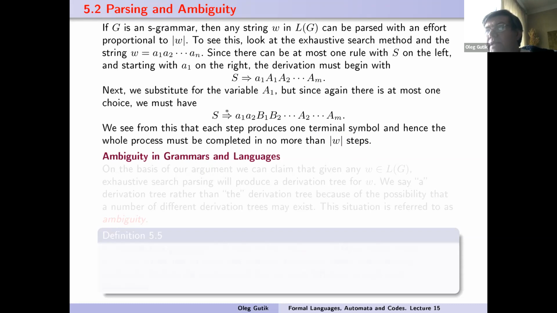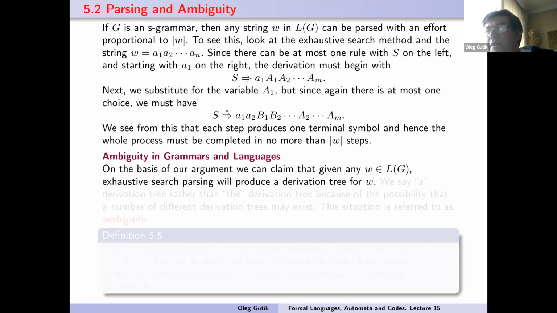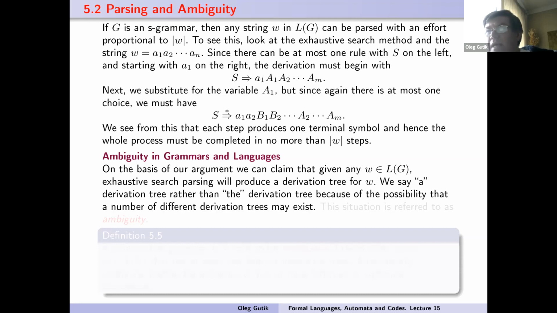Ambiguity in grammars and languages. On the basis of our argument, we can claim that given any word W of the language generated by grammar G, a parser will produce a derivation tree for the word W. We say a derivation tree rather than the derivation tree because a number of different derivation trees may exist.